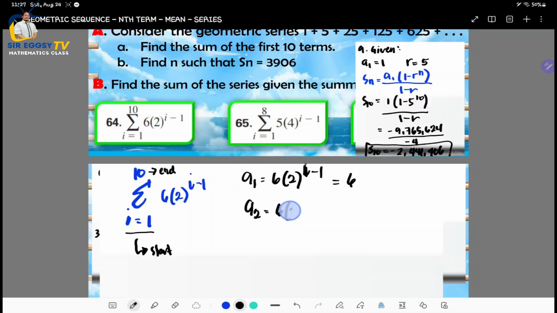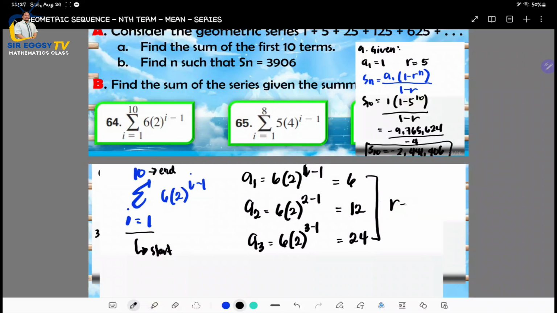Then your a sub 2 is equal to 6 times 2 raised to 2 minus 1, which will give us 12. Your a sub 3 will become 6 times 2 raised to 3 minus 1, which will give us 24. Now, using the terms, you will know that the common ratio is just equal to 2.